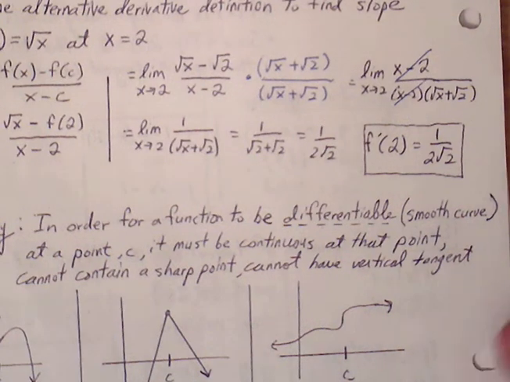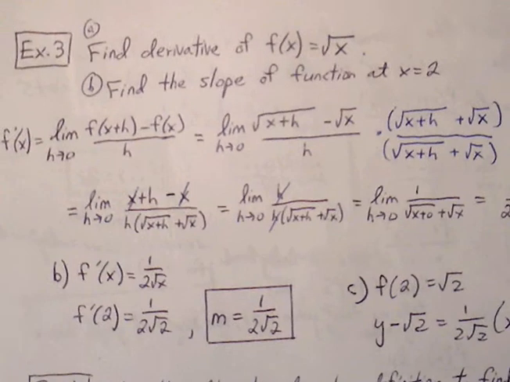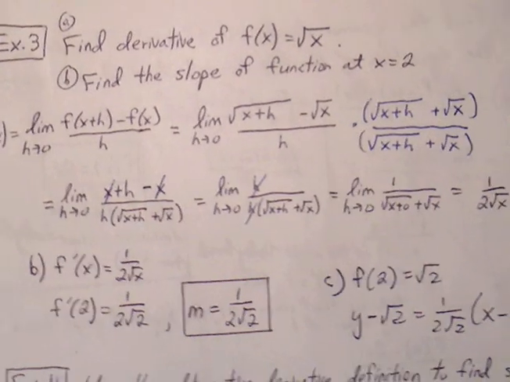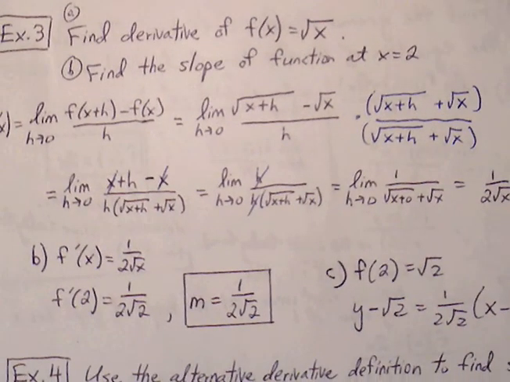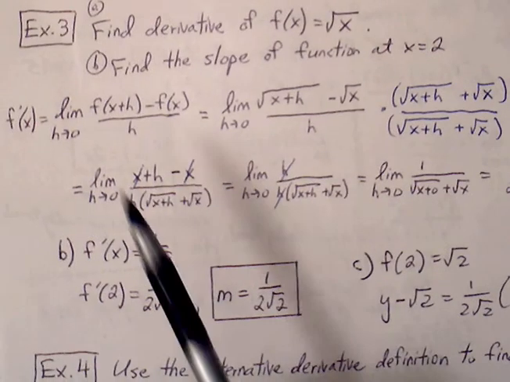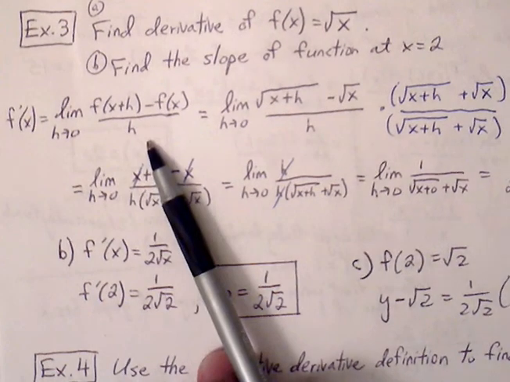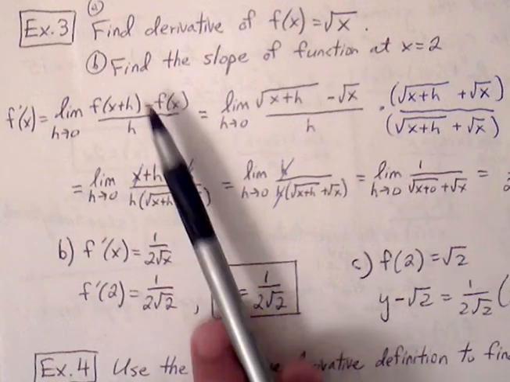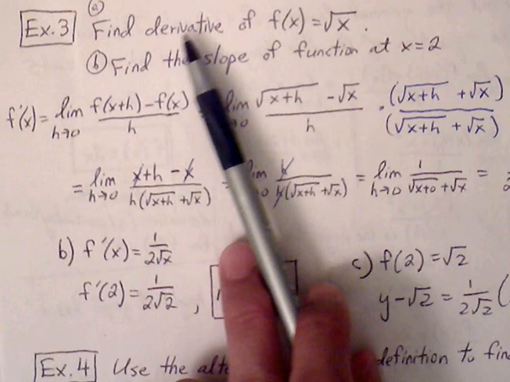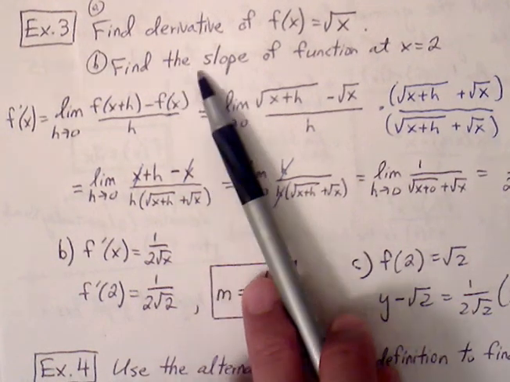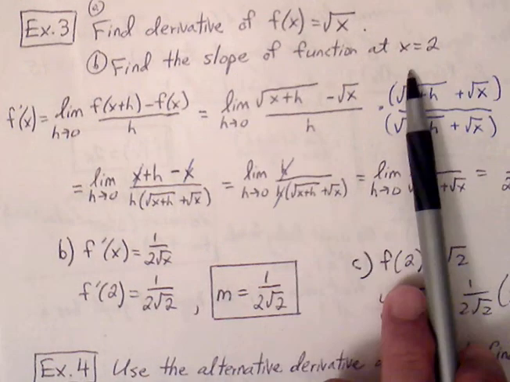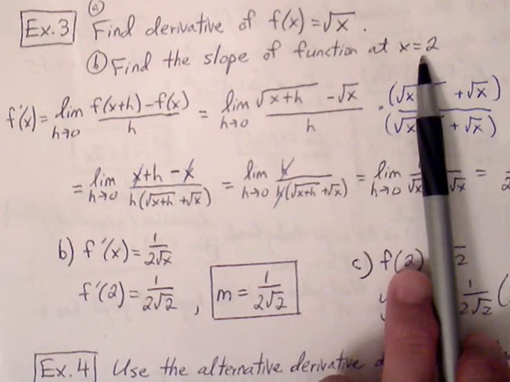Okay. Let me go back to example 3. So this goes back to finding the derivative of root x at x equals 2, now using the general limit definition. The general definition is going to first arrive at the derivative function, and then we can take the additional step to find the slope of the function by plugging 2 into the derivative.